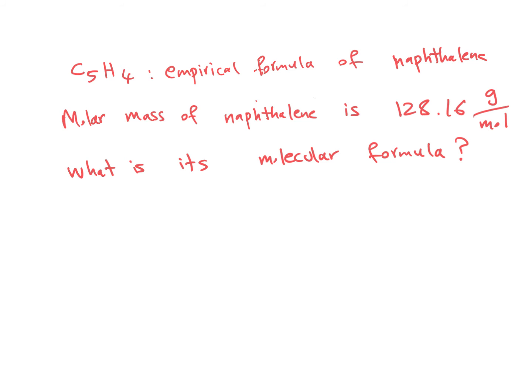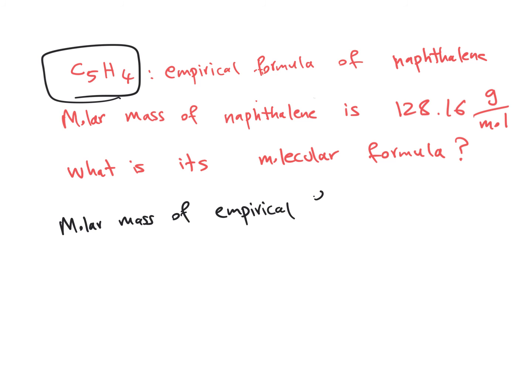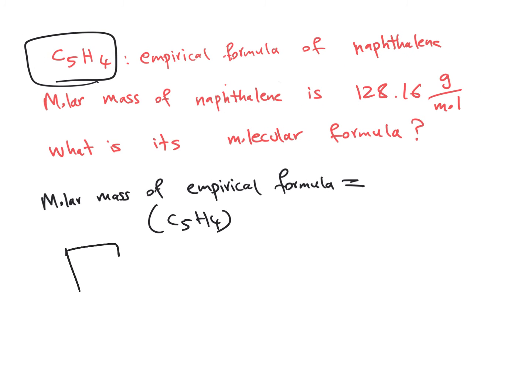Okay. So what you do is you have the empirical formula, right? So you find the molar mass of the empirical formula, which is C5H4. How do you calculate that?